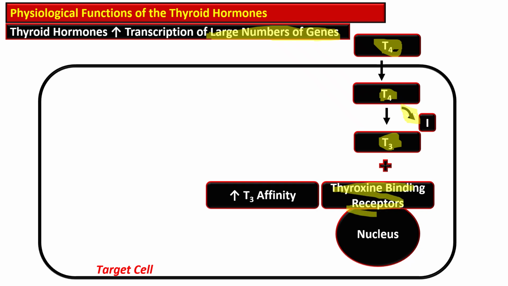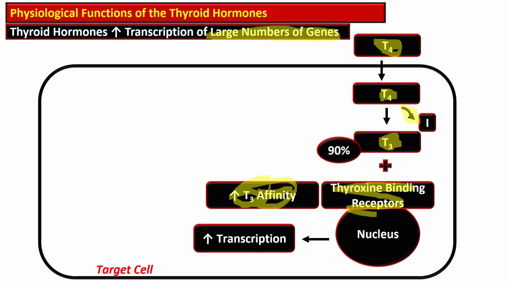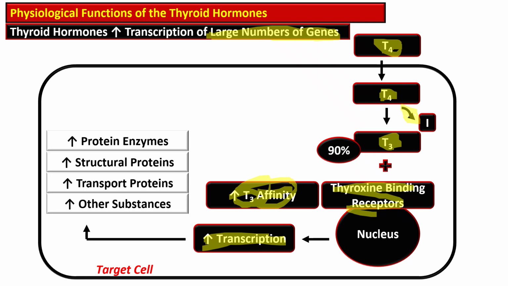This thyroid hormone receptor has more affinity for T3 as compared to T4, and whenever it binds with the specific receptor, there is activation of transcription, and this increase in transcription will result in various cellular outcomes.